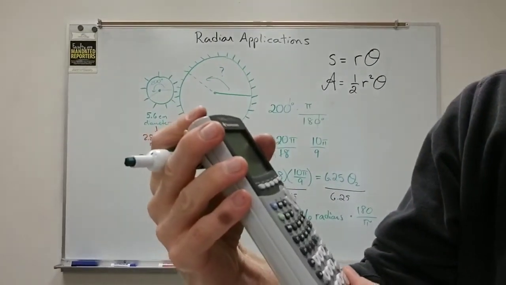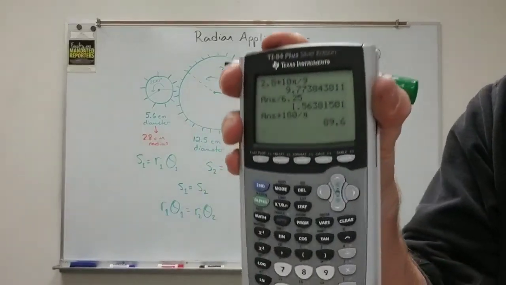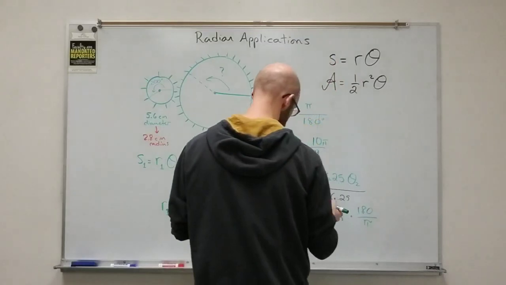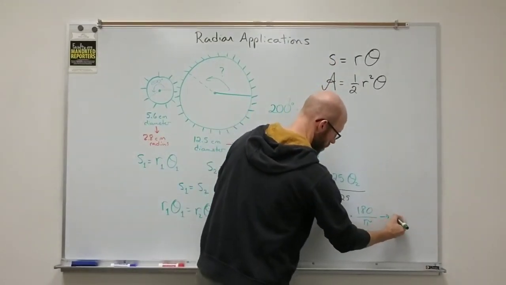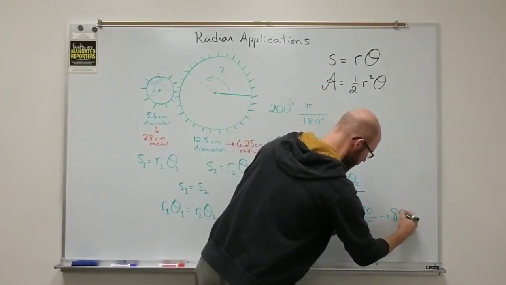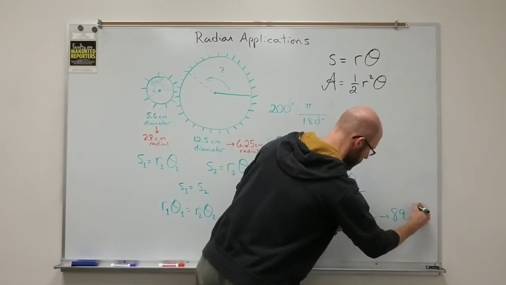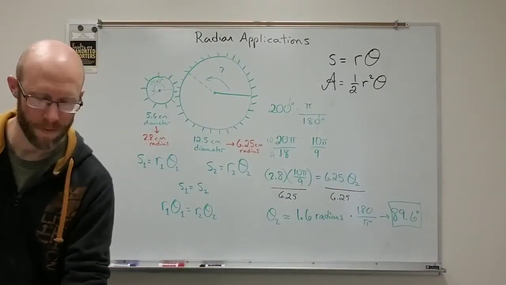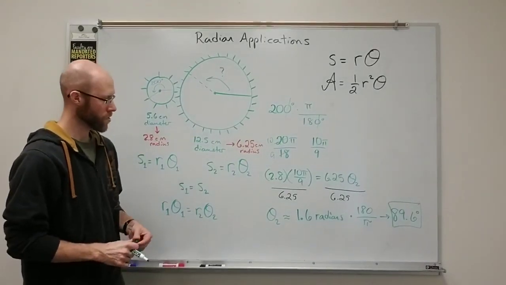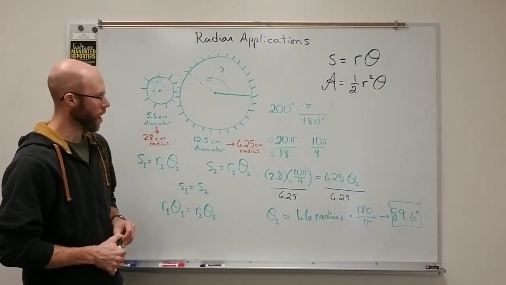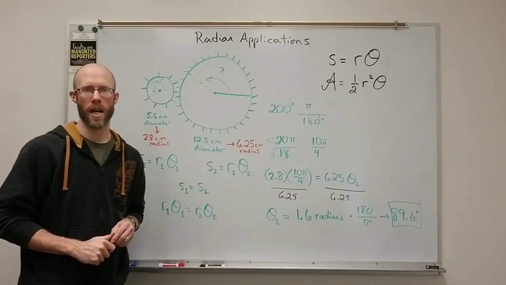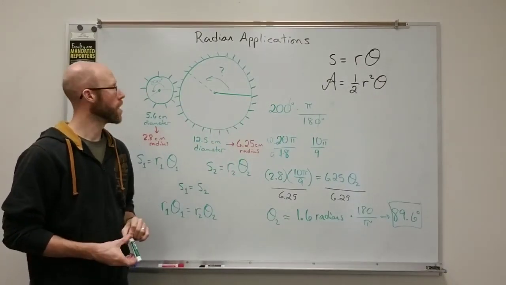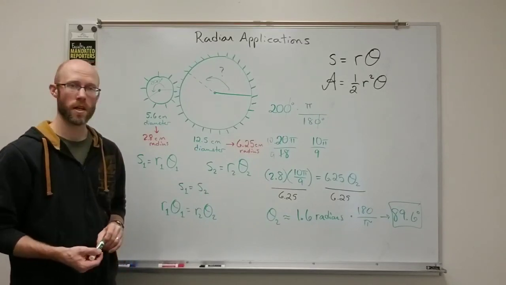That gives me about 89.6 degrees on the dot. So I'm going to go with that, 89.6 degrees. Now, it's kind of nice. It worked out well. So it's just a hair under a 90-degree angle that would be swiped out by that bigger gear. It's kind of interesting.